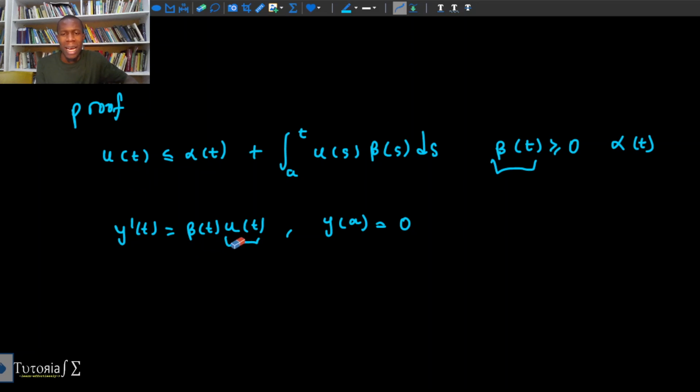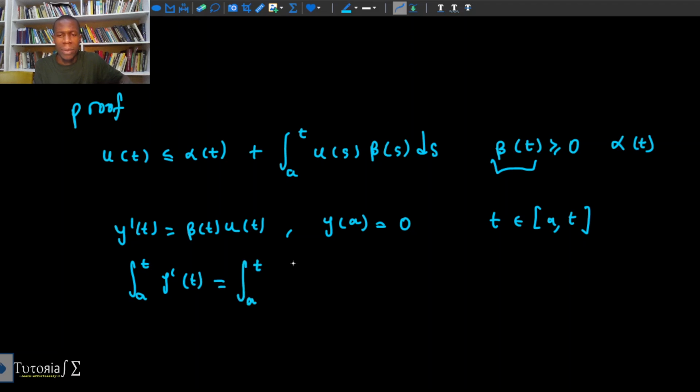Now, if we simplify this initial value problem by integrating both sides over some interval, say a to some time t, we have the integral from a to t of y prime of t equal to the integral from a to t of beta of s u of s ds. On this side of the equation, by the fundamental theorem of calculus, we're going to have y of t minus y of a.